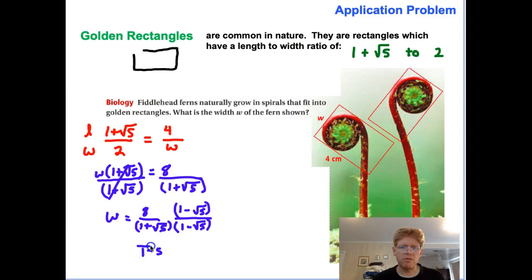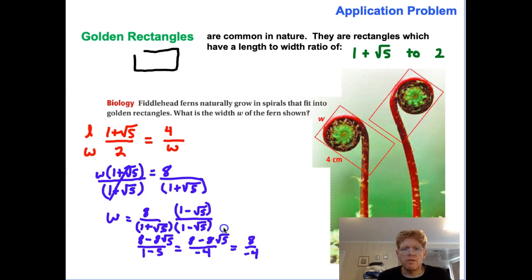And on the top, we're going to have 8 times 1, which is 8, minus 8 times the square root of 5. And then we'll take that over, because we know that 1 minus 5 is really negative 4. So we have 8 minus 8 times the square root of 5 over negative 4.